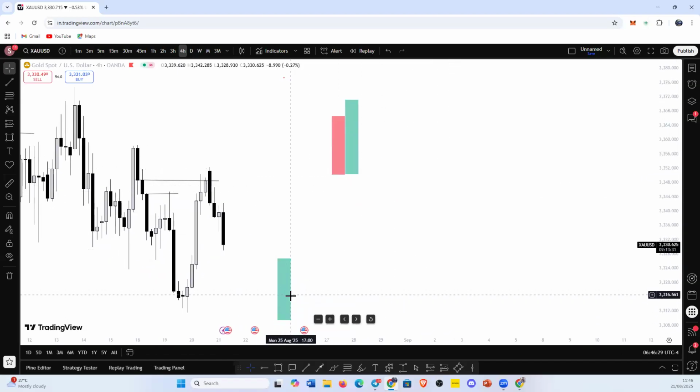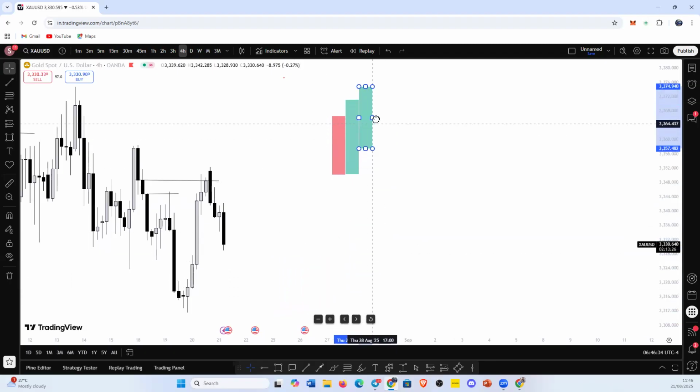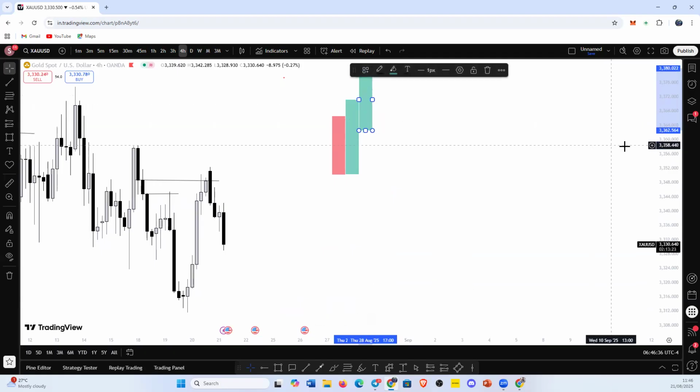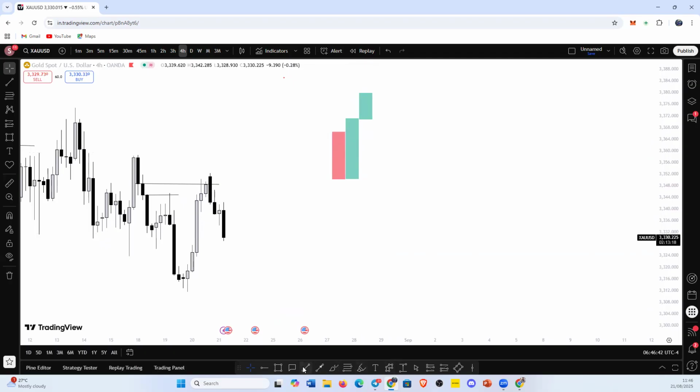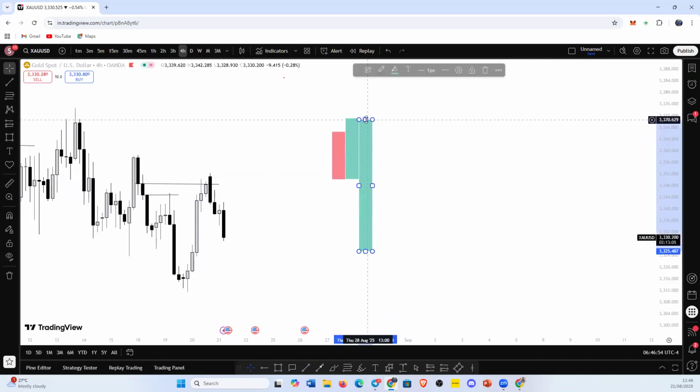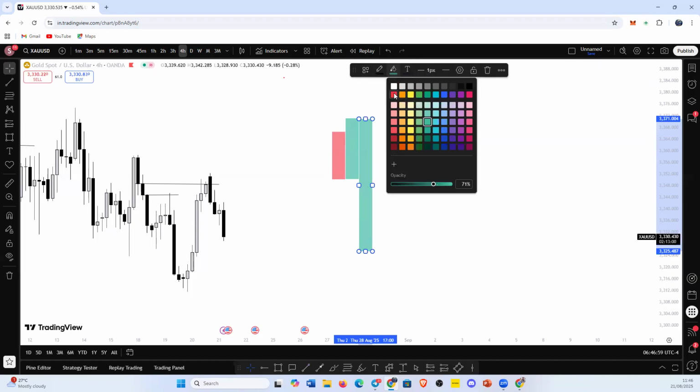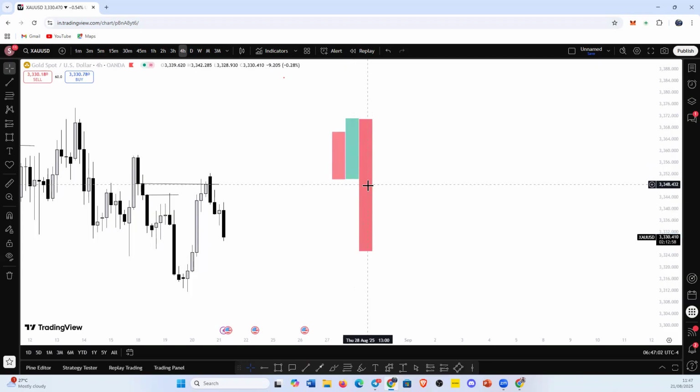Then you are expecting the next candle to come into it, then continue, but rather it fails. It does something like this. So this one becomes your engulfing fail.